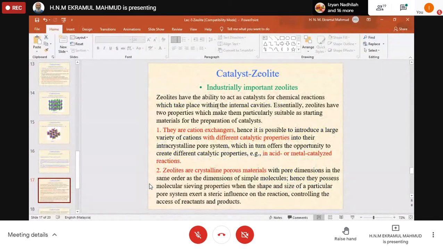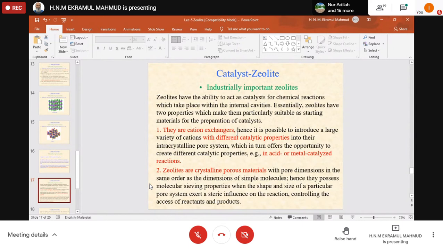The zeolites have the ability to act as catalysts for chemical reactions which take place within the internal cavities. Essentially, zeolites have two properties which make them particularly suitable as starting materials for the preparation of catalysts. They are cation exchangers. So we can exchange the cations, as I just told you.